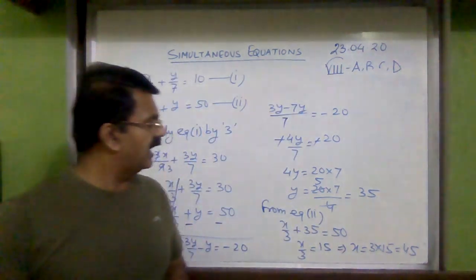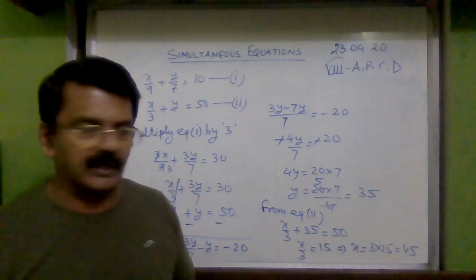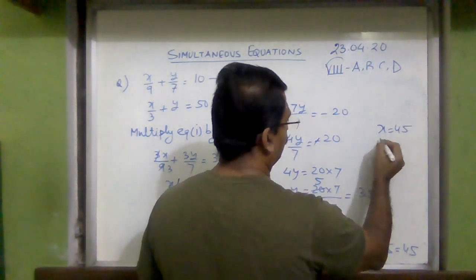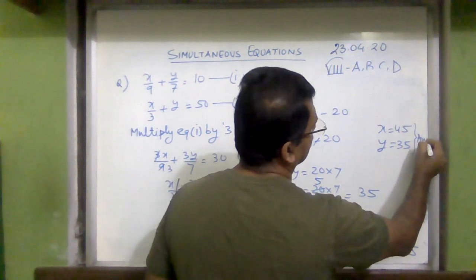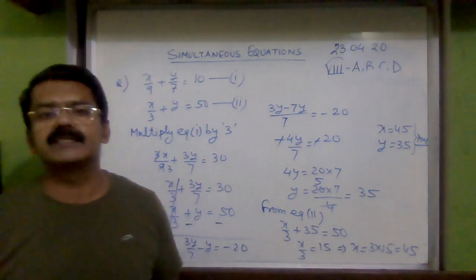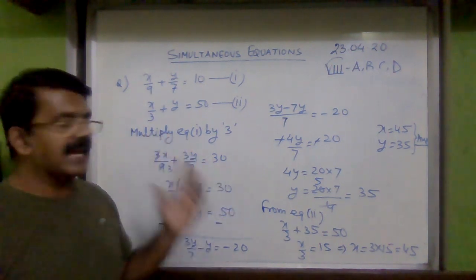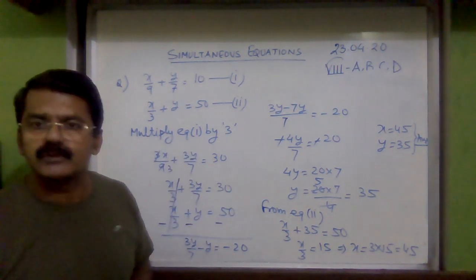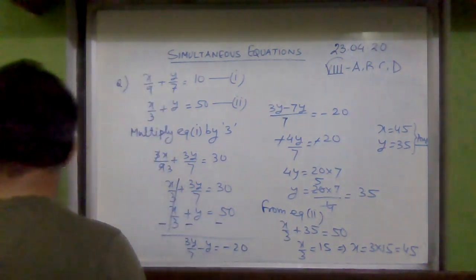So you can see we have found that x is equal to 45 and y is equal to 35. That is our answer. Is it clear? So as it is very clear to you, in this question we have applied elimination method. Now we can do these sums by substitution method also. So we'll do the next example.